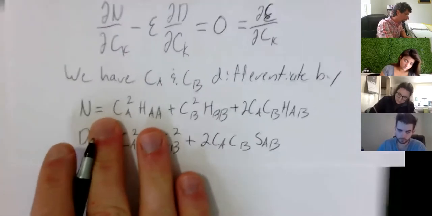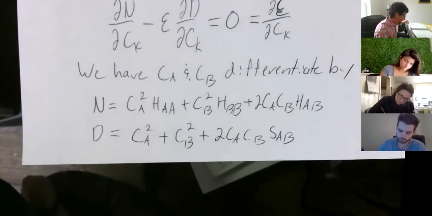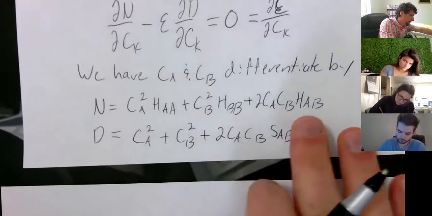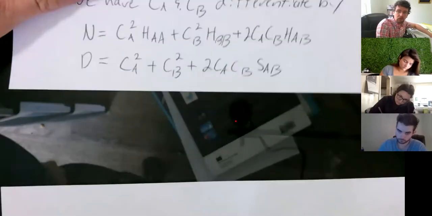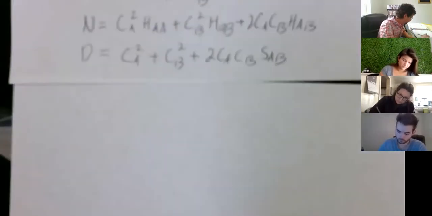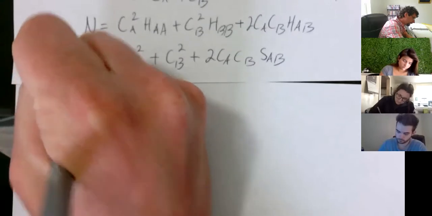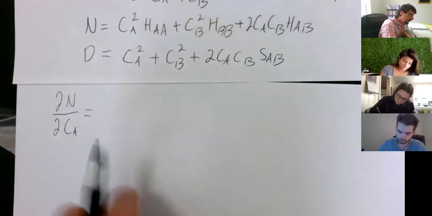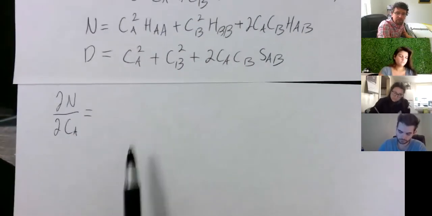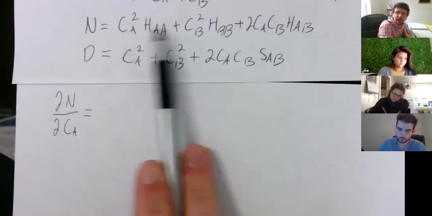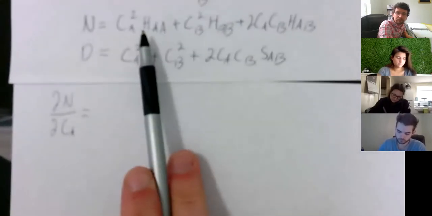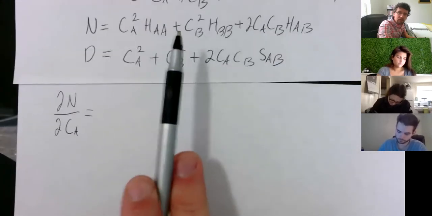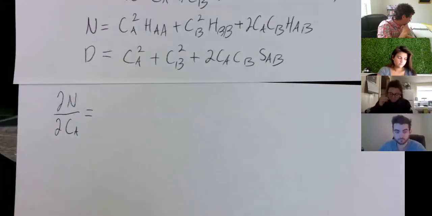Okay, so now we're going to take the derivative with respect to CA of N, this guy up top. If we take the derivative of the top with respect to CA, what are we going to get?